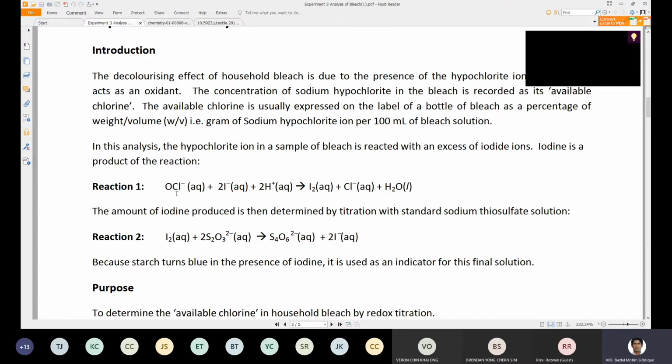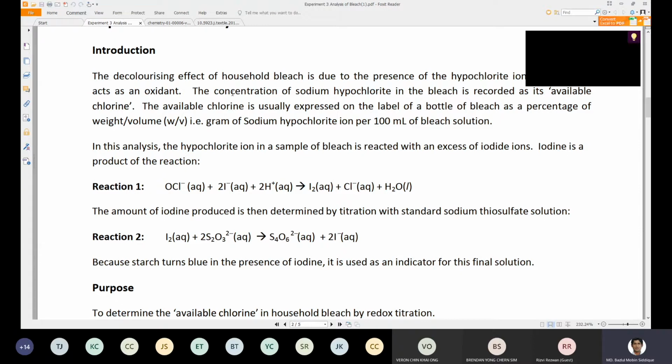So the idea is that we liberate this chlorine, the OCl, we will take out the chlorine from here, and after that, with the help of something, we will try to find out how much of that compound was needed to liberate that chlorine, right?